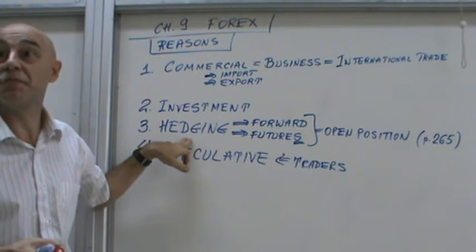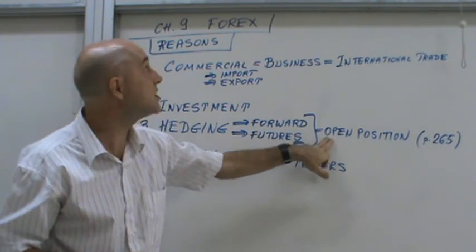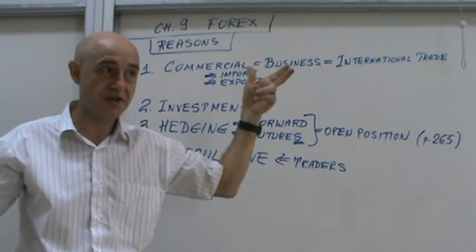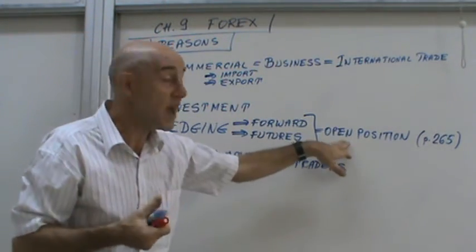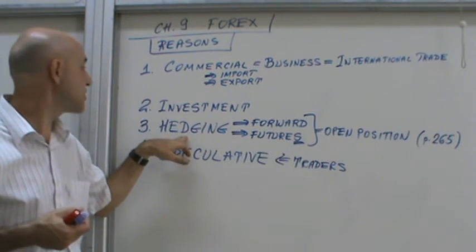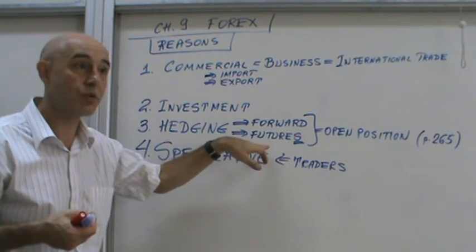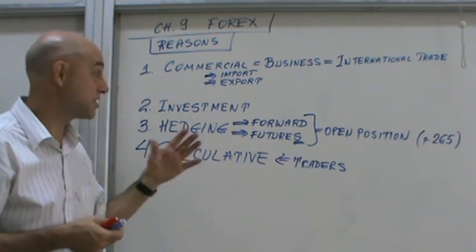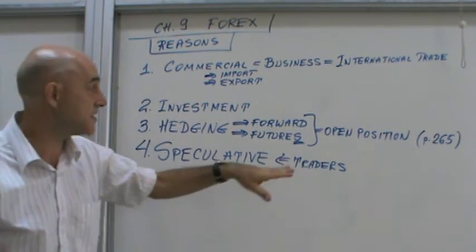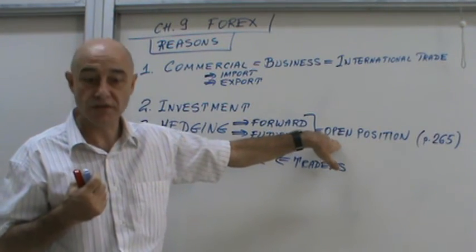So you may have an open position, meaning open means you're running a currency risk. You have a risk exposure. Or the position is hedged, usually with a forward or a futures. So positions are hedged or unhedged. If it's unhedged, it's said to be open, and it's a source of risk.